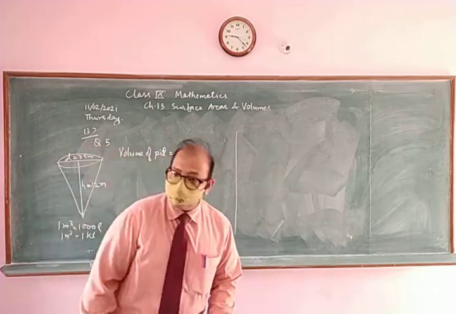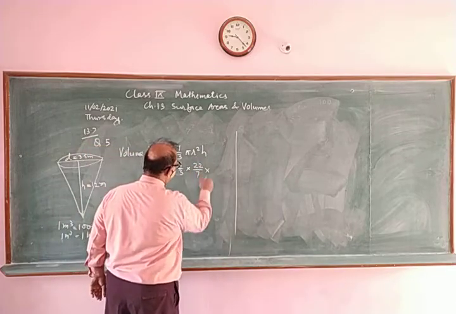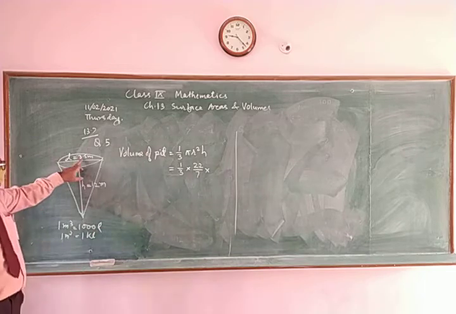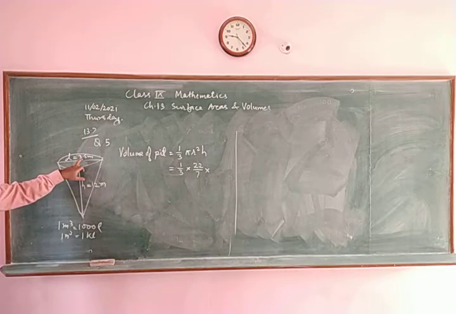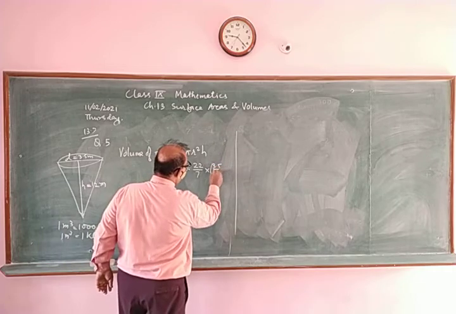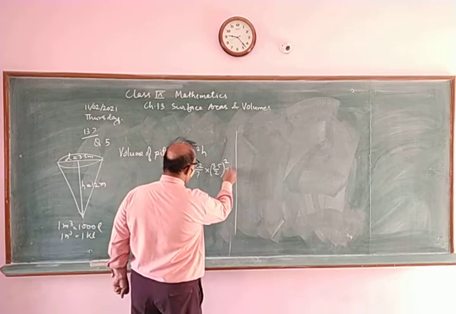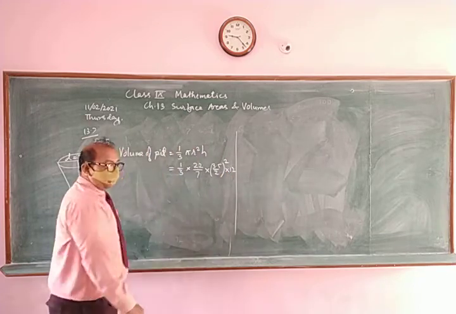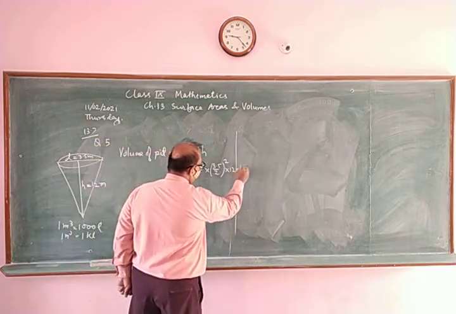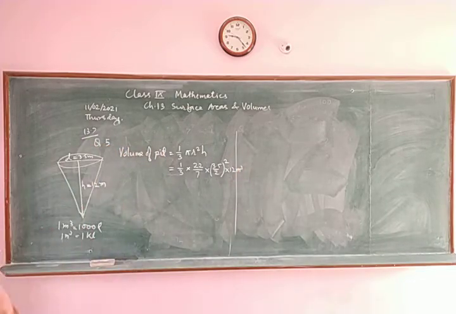No, sir. So we will take pi as 22 by 7. What is the r? The diameter is given. So diameter by 2 is radius. So we will write here 3.5 by 2 whole square into 12 cubic meter. Now the volume is here. The unit is cubic meter.